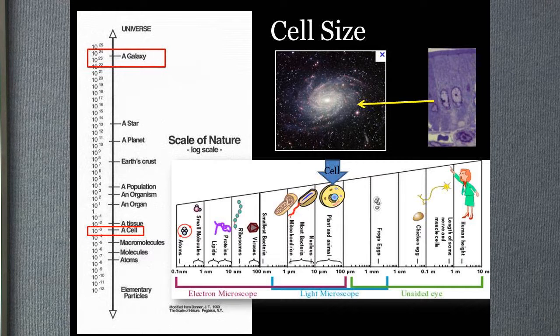With a light microscope, we can see frog legs, we can see cells, but with the naked eye, we cannot see cells. So you have to use a microscope to look at cells. So cells are in the universe, they're in the galaxy, and they're in you and I.